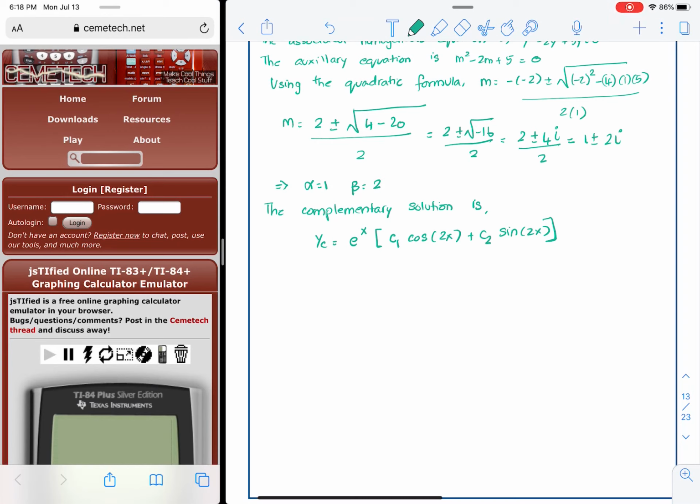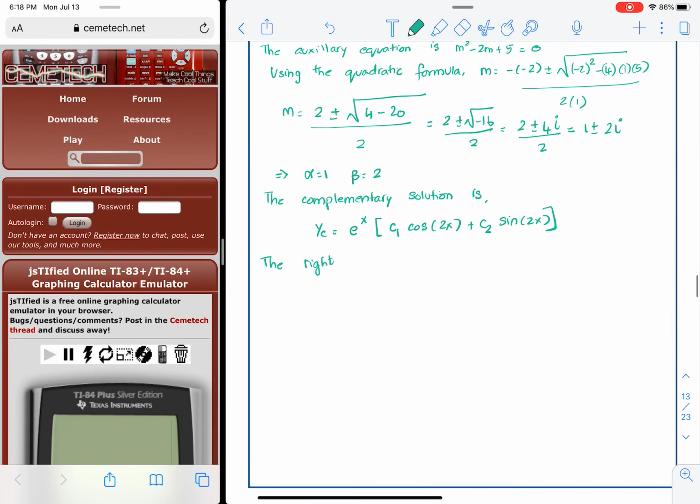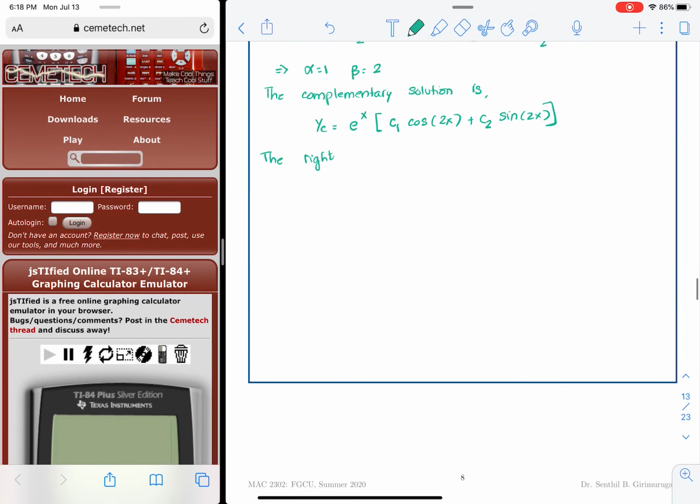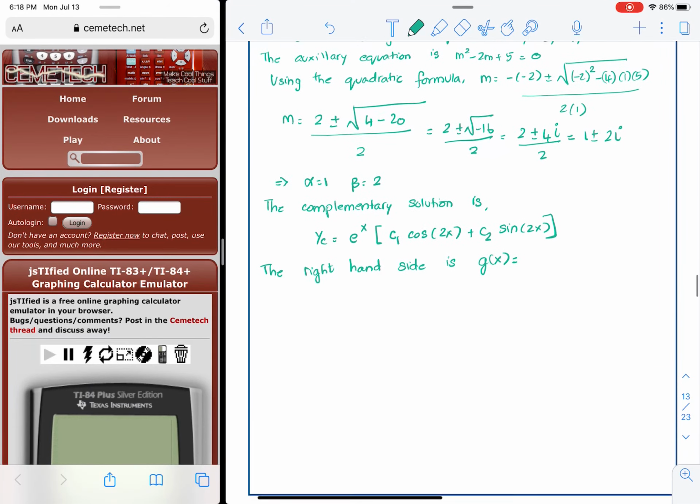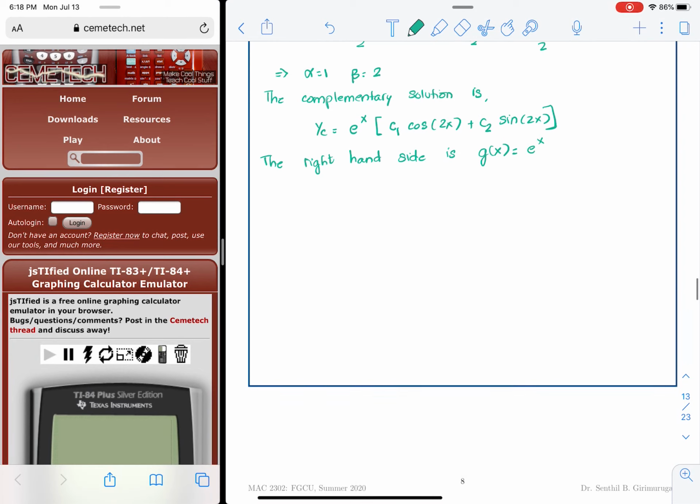Now we move on to find the particular solution. The right hand side is g of x equals e raised x cosine 2x.